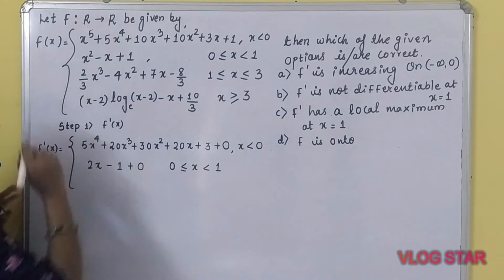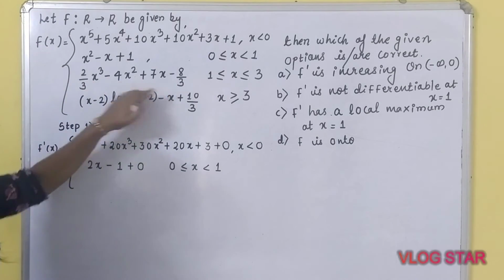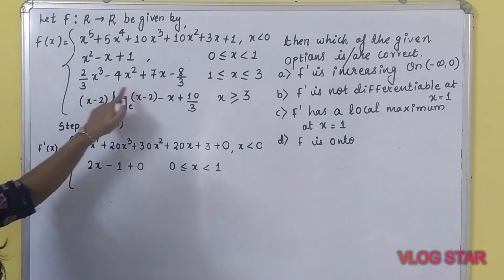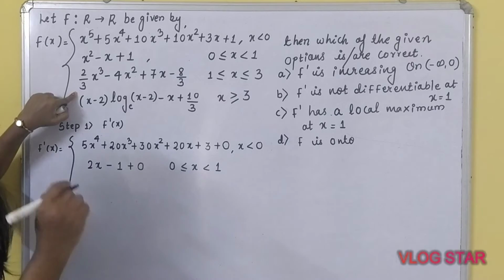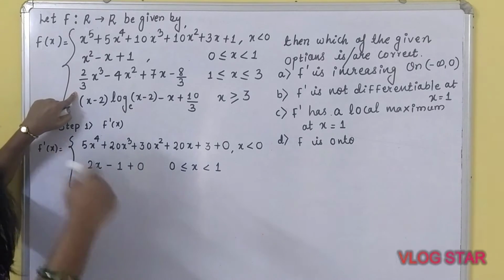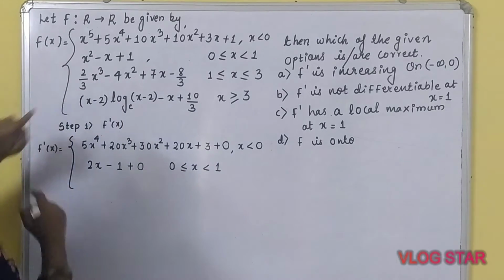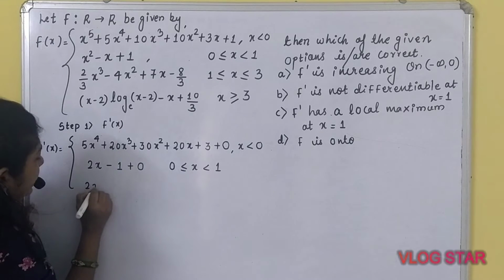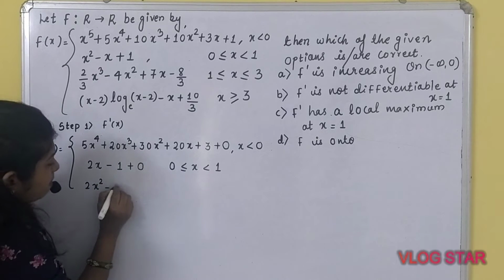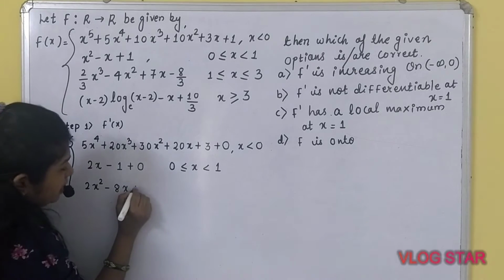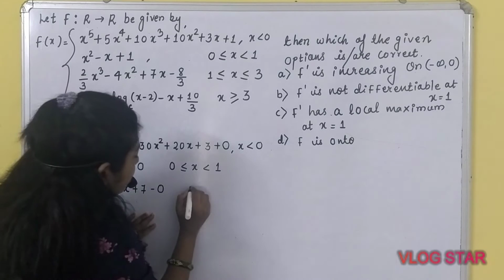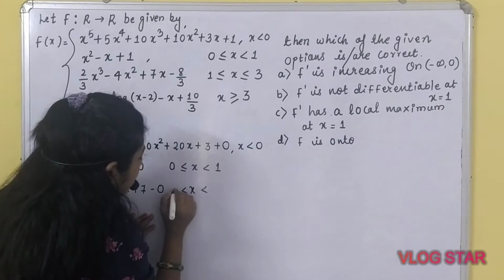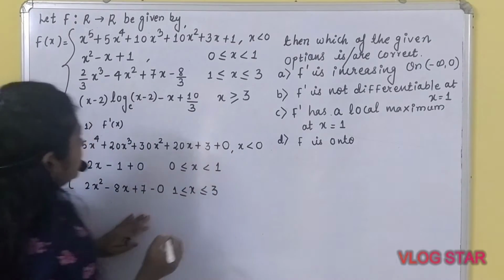Similarly, you need to take the derivative of this function. 2 by 3 is a constant, and the derivative of x cube is 3x square. So 3 will get cancelled. So you will get 2x square minus 8x plus 7. The derivative of the constant term is 0, where x is between 1 and 3.